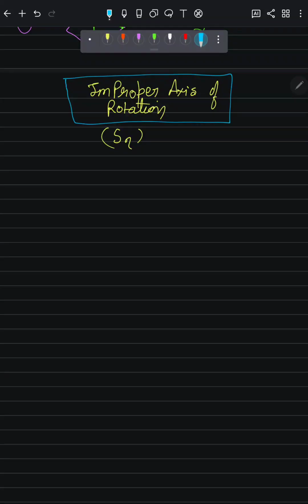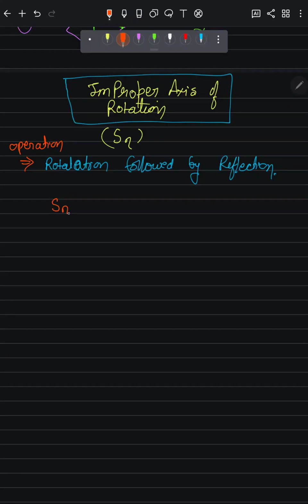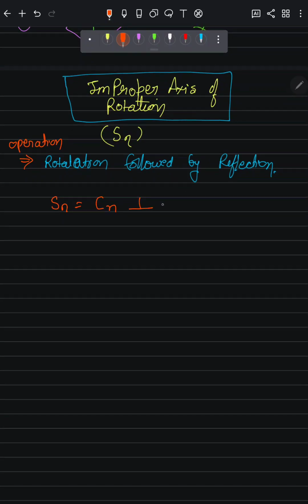It is also a little difficult to perform because here we operate two functions: first we rotate the molecule, and the rotation is followed by a reflection. This is an operation according to which Sn equals Cn followed by a reflection in the plane sigma perpendicular to it.